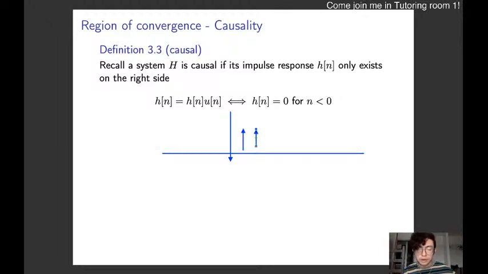So if we have a signal here, this one would be a causal signal because there's nothing over here on the left side. That's 0, all the way across. It would be equivalent to say that if we were to multiply our signal by the unit step function, then it would be the same signal.